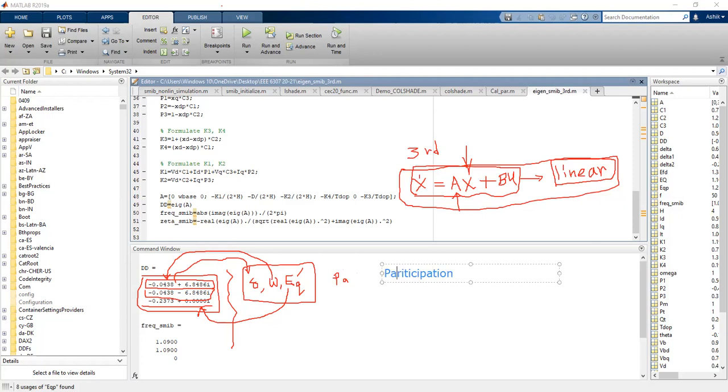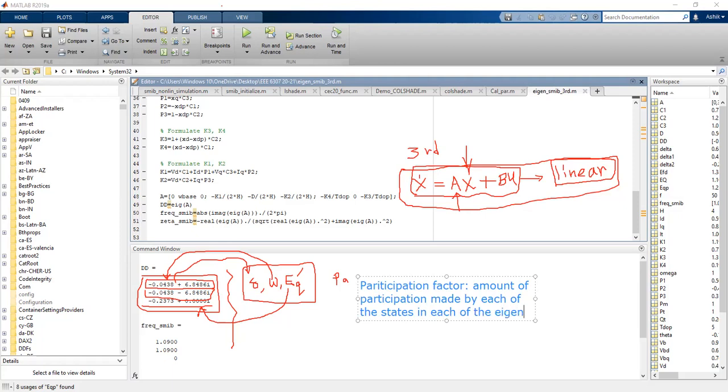Specifically, this is the participation factor. The calculation of the participation factor will give us the idea about which of these states is linked with which of these eigenvalues. That would give us the amount of participation made by each of the states in each of the eigenvalues.